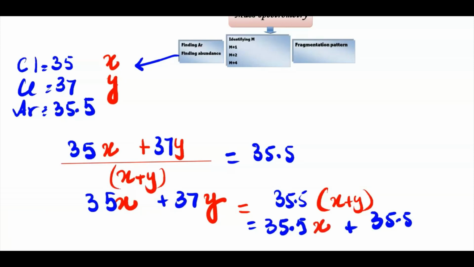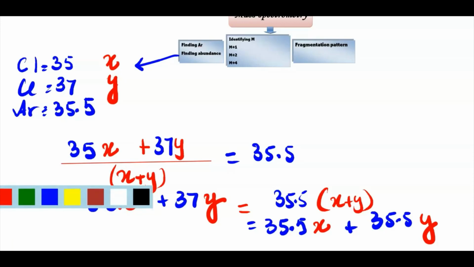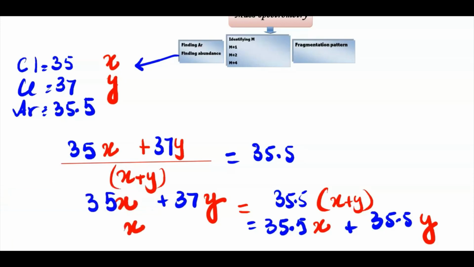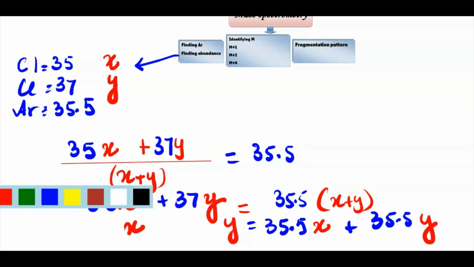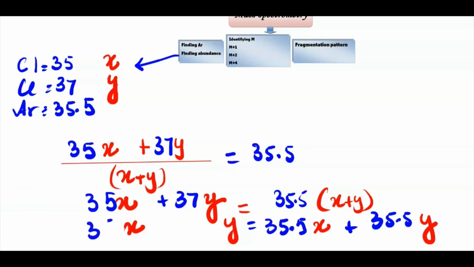In a similar way, here you already have x and y. You just solve it mathematically in a simple equation manner.